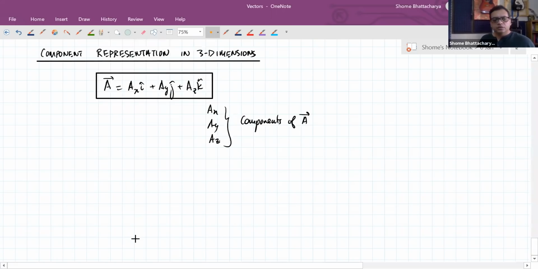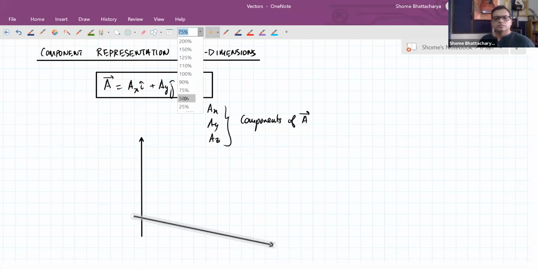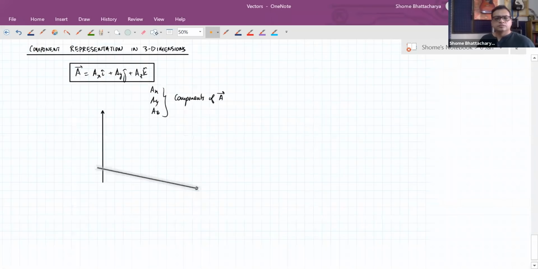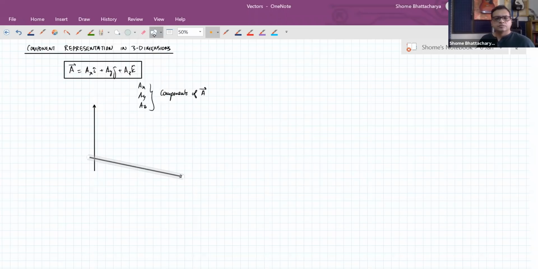So let's come back to our earlier diagram of the XYZ axis system. This is our 3-dimensional coordinate frame.